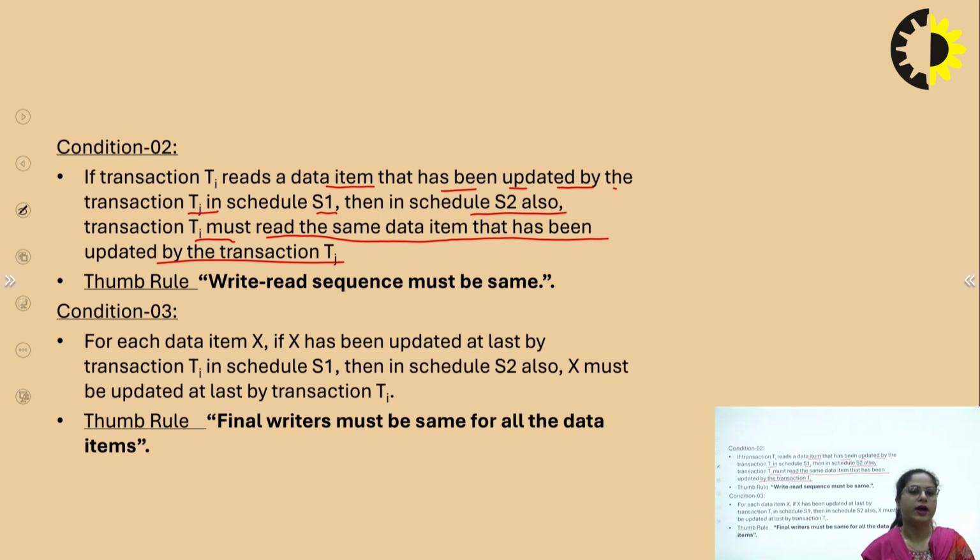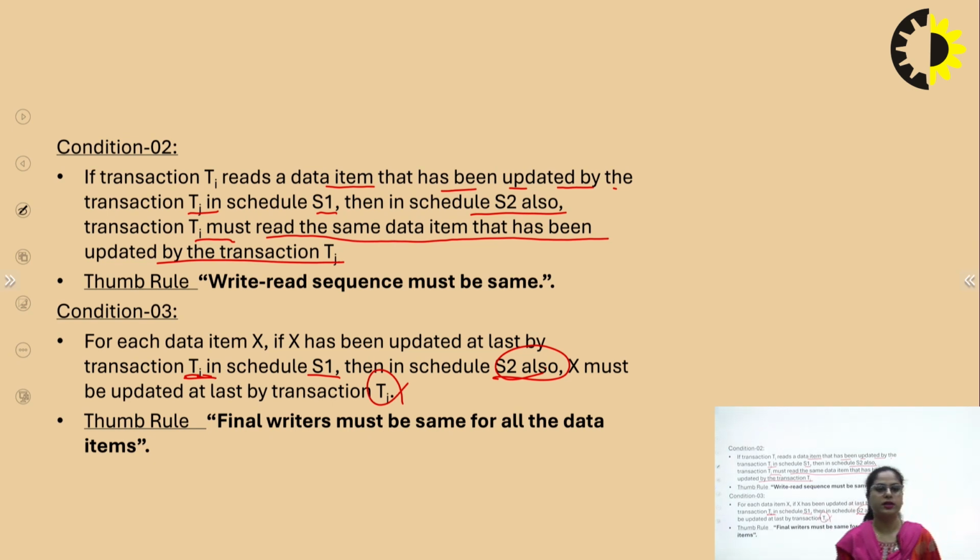That is the final write operation. For each data item X, if it has been updated last by transaction Ti in schedule S1, then in schedule S2 also X must be updated last by transaction Ti.